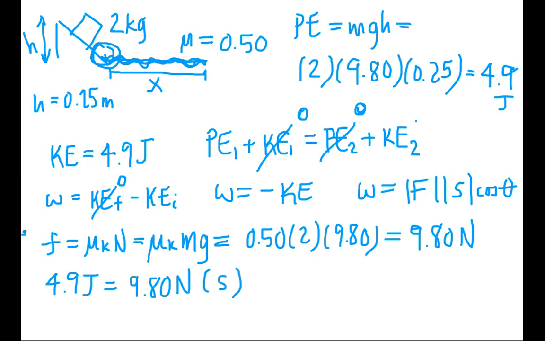And as we know that they are parallel forces, friction is parallel to the displacement, so cosine theta will just equal 1. So we are left with 4.9 joules equals 9.80 newtons times the displacement, which if we rearrange, gives us a displacement of 0.50 meters.